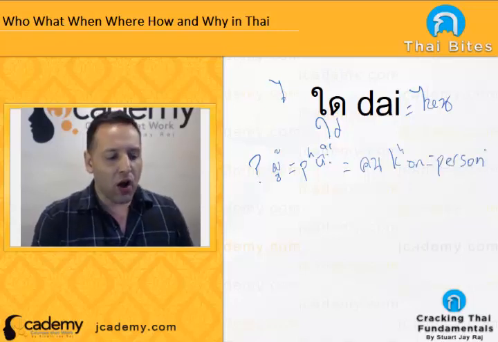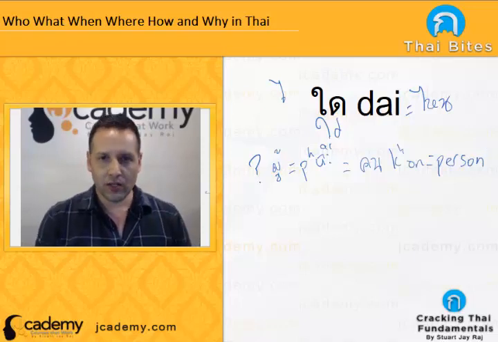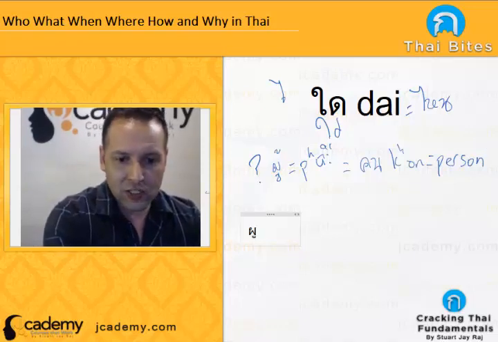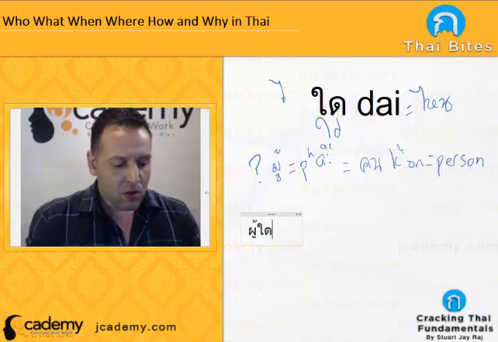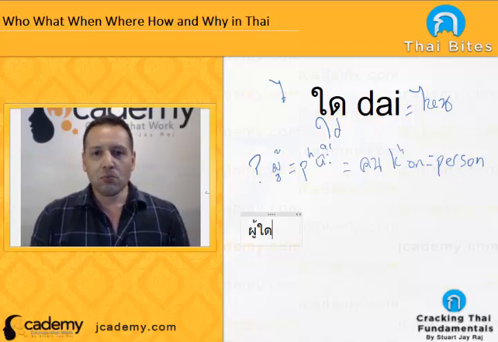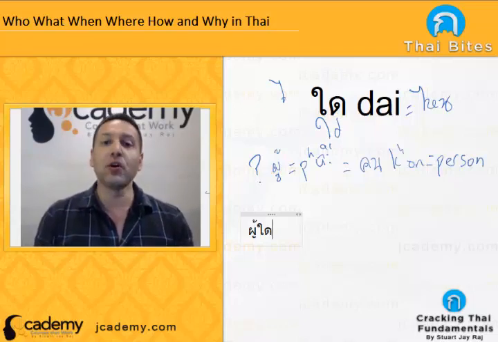So often you will hear the word, I'll just type it down here, ผู้ใด, phu dai. Phu dai can mean who also. So ผู้ใดไม่อยากไป which person doesn't want to go?